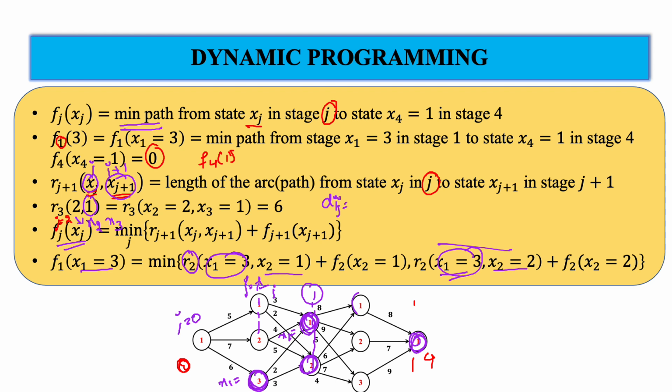And rj plus 1, xj plus 1 is nothing but the arc length from xj in the jth stage to xj plus 1 in the j plus 1 stage, and we have to find the minimum of that by using fj xj. These are some terms which we have defined for dynamic programming. After solving this numerical problem, we will see the definitions in detail in the next lecture.